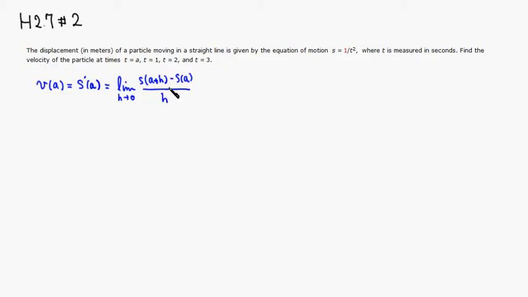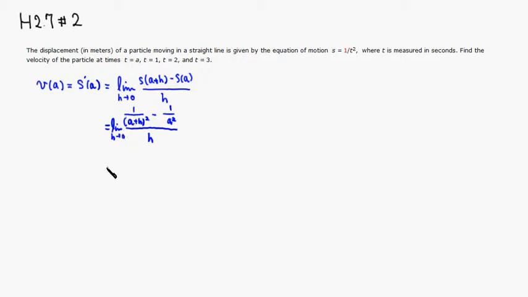Alright, so just to plug in, a plus h is plugged in there, so it's 1 over (a plus h) squared minus 1 over a squared, all over h, and we still have a limit as h approaches 0.